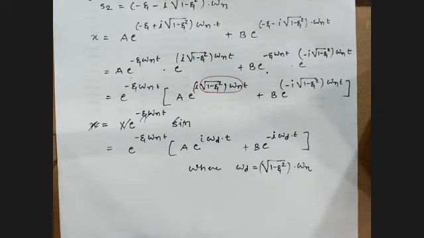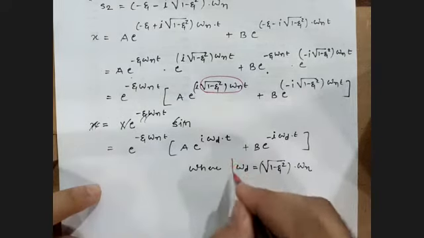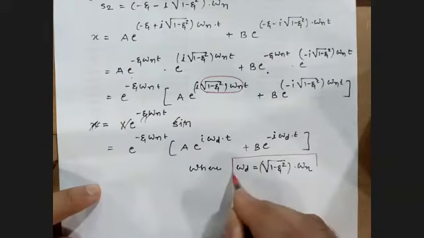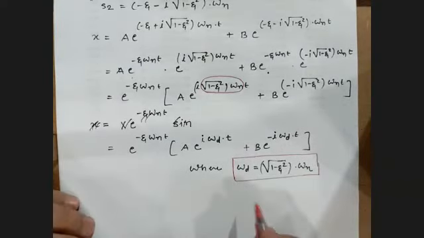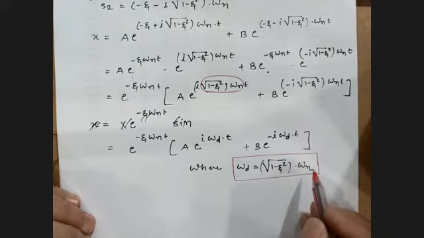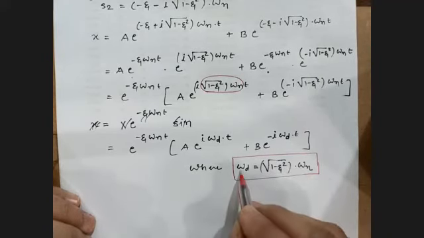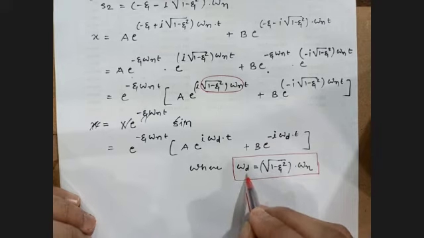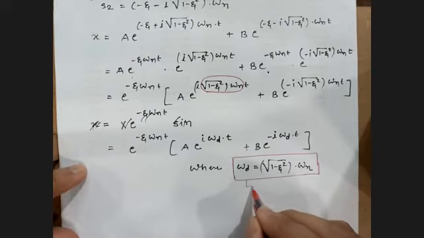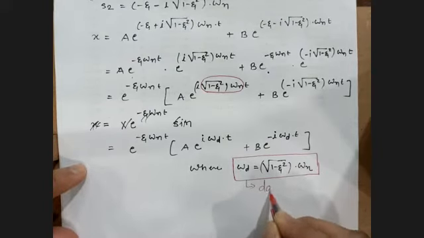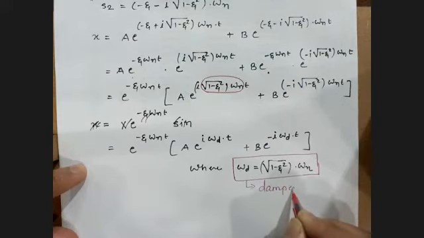This is the equation that we are going to use frequently to find the damped natural frequency. Remember, this is also a natural frequency, but if it is written with suffix d, it indicates the damped natural frequency.